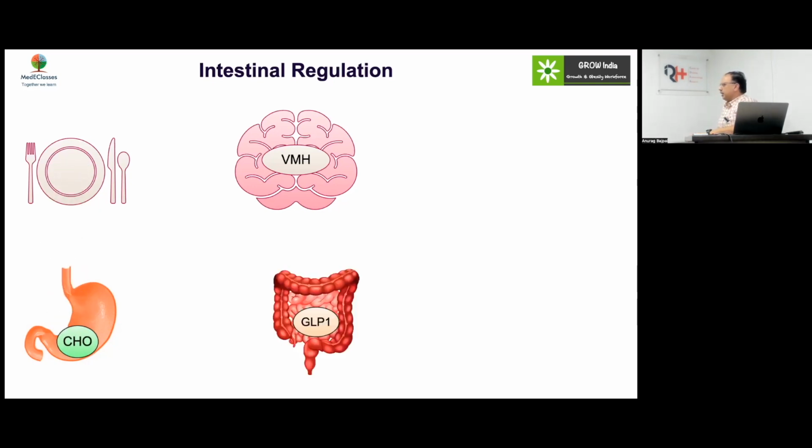So essentially, when your carbohydrate reaches the intestine, you start producing GLP-1. If you have taken food, what all would you like the brain or the body to do? You have taken glucose now, you don't want more entry of glucose. What are the mechanisms you would like? So you want to have more satiety.